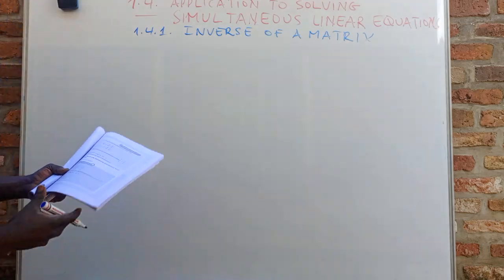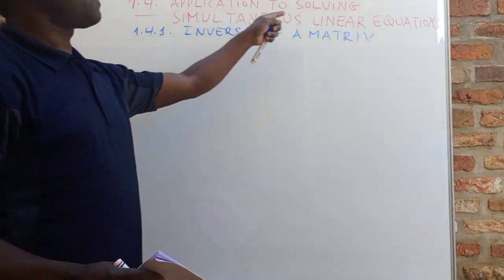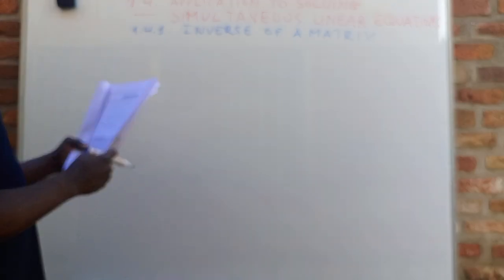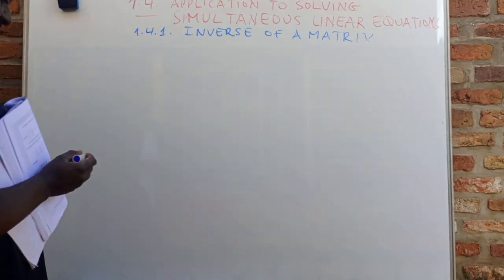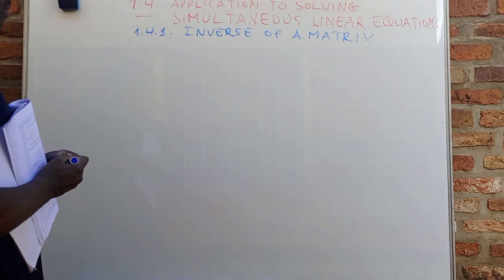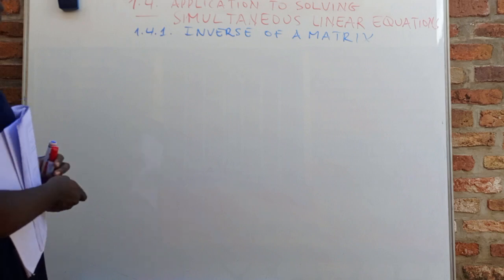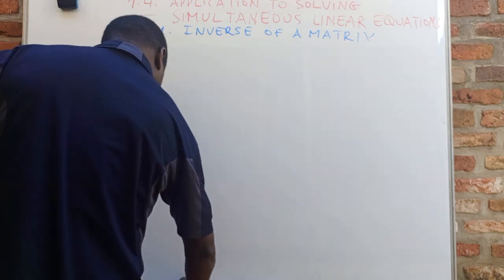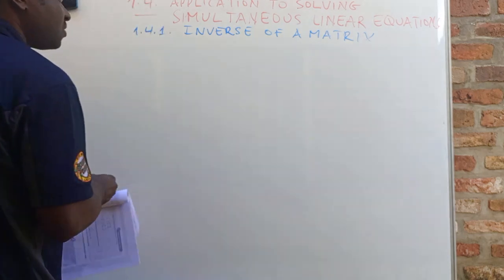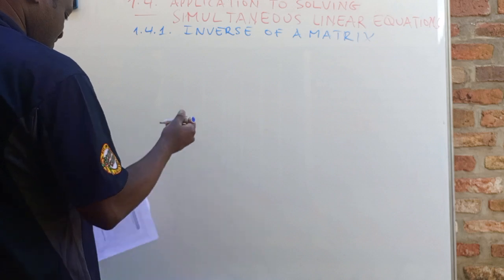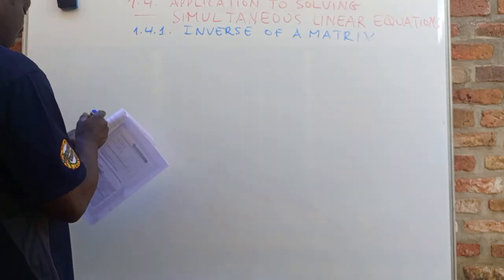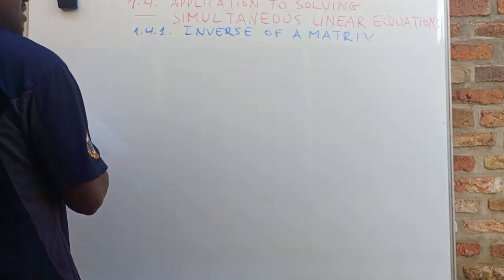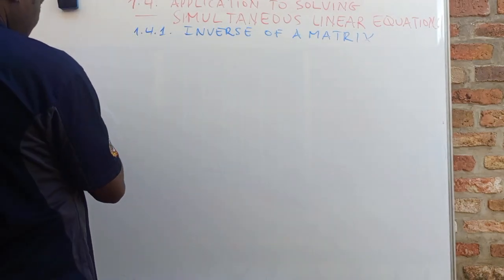So here, the inverse of a matrix can be used to solve simultaneous linear equations. We are going to use this matrix inverse. There are two ways of using it.